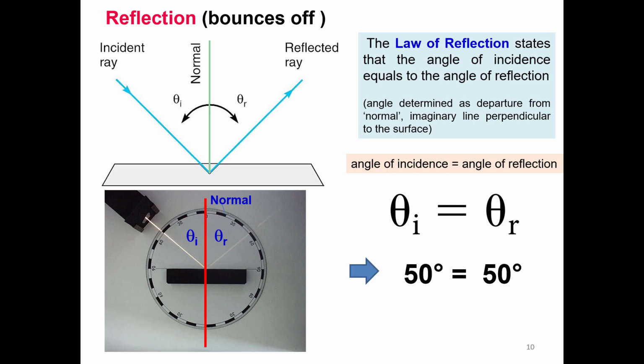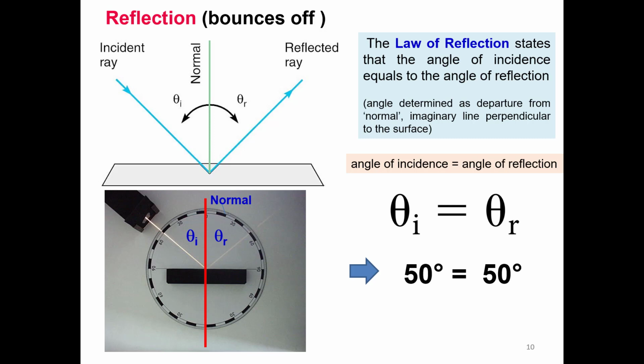The first one we want to discuss is reflection. And remember, we can identify reflection as bouncing off. The wave interacts with the matter and then bounces off.